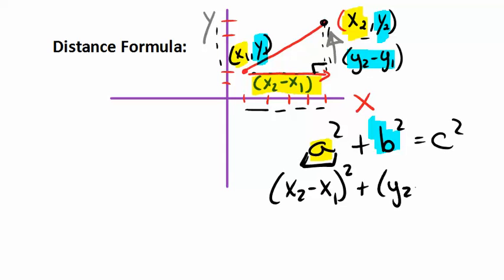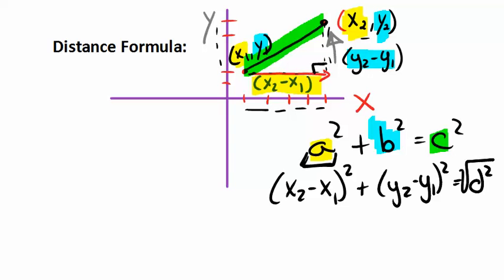That's y2 minus y1 squared. And then finally, c is our distance here. So that's d squared. Now if I'm trying to find the distance, I'm going to take the square root of it because that will give me d by itself.